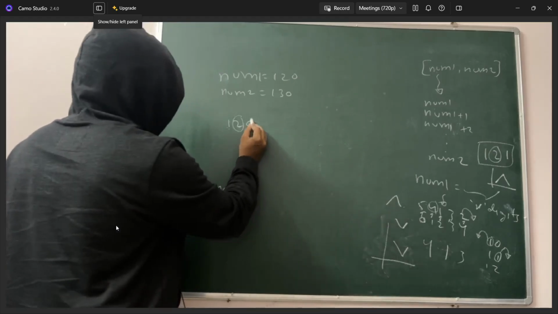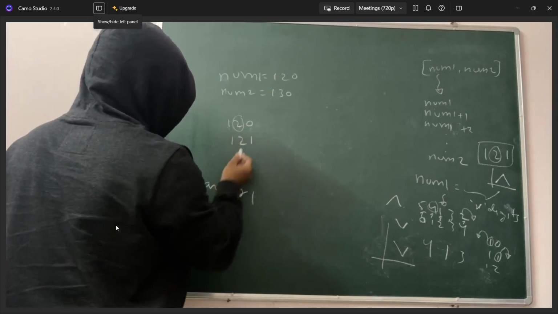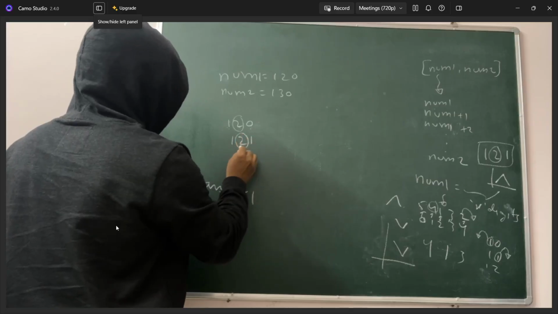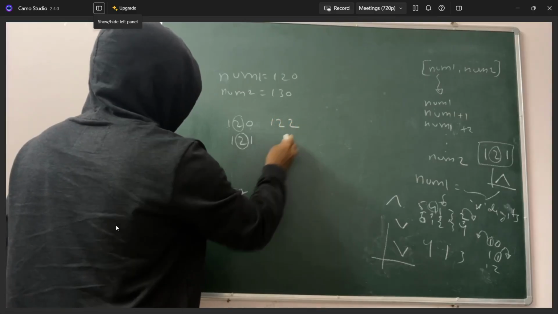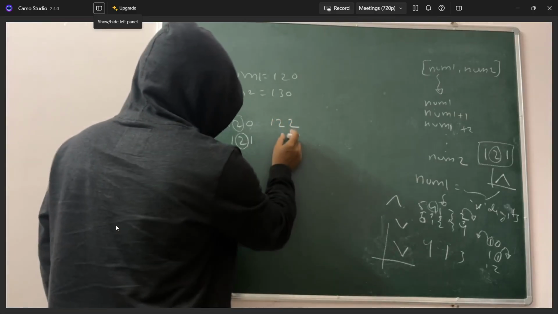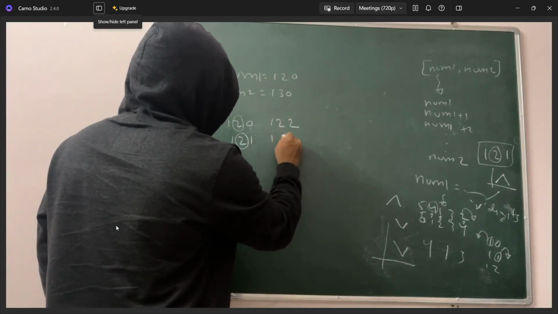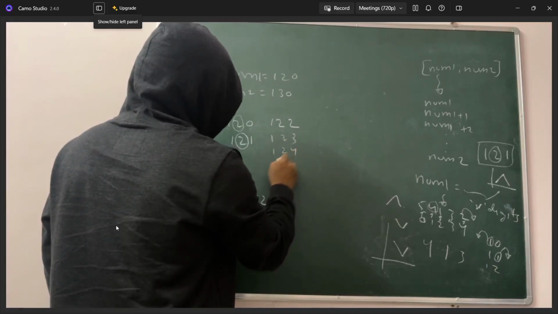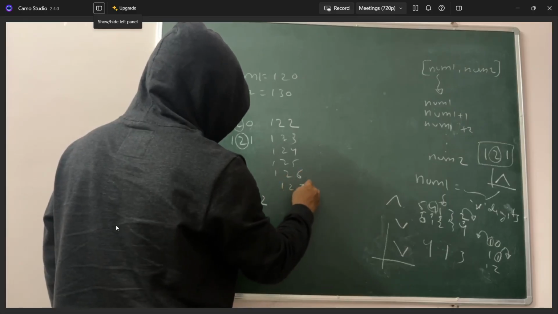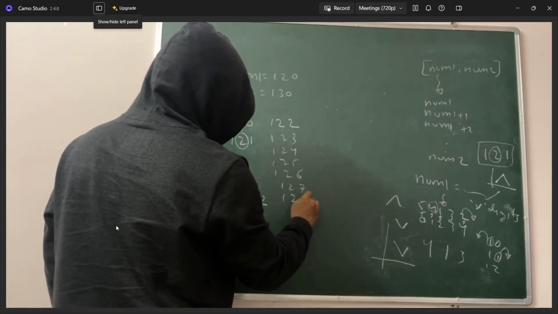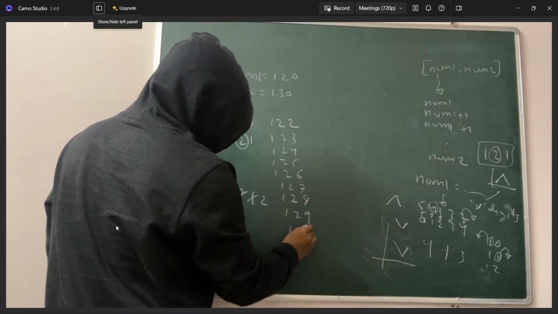For this we cannot find because we don't have any number on the right. The next number we are going to take is 121, right? And this is also a peak, right? So one more Waviness we have found. Let's take 122, and this we cannot find because they have said the neighbor should be strictly lesser than or strictly greater than. 123 also not, 124 also not, 125 also not, 126 no, 127 no, 128 no, 129 no, 130 if you see, this is a peak, right?